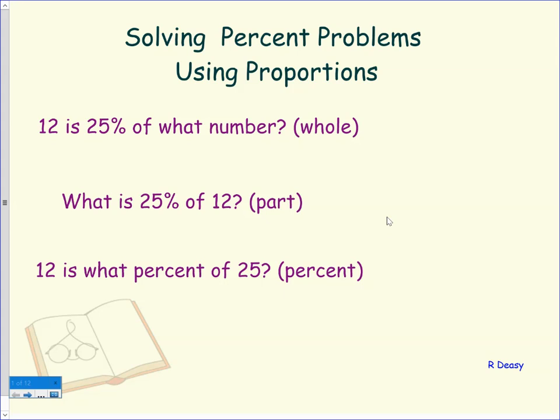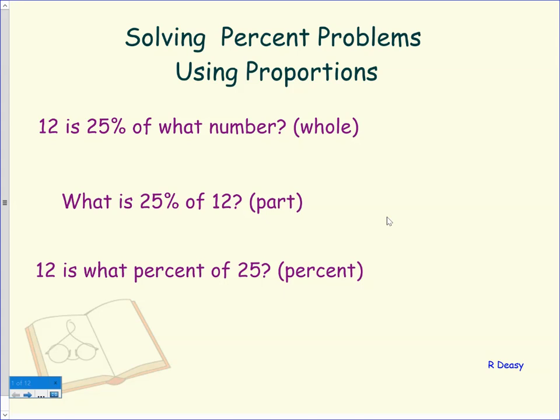All right, so the way the first one is worded, it says 12 is 25% of what number? Okay, so our percent proportion is, I'll write it to the side, A over W equals P over 100. A represents the part, W represents the whole. Same thing over here, your percent, that's the part that it represents, and 100 is the whole. 100% represents the whole thing.